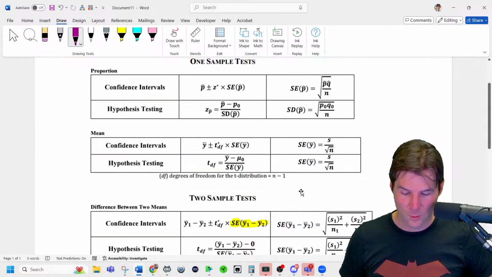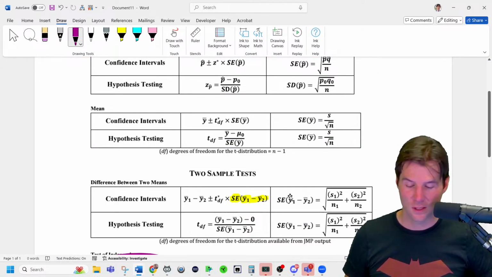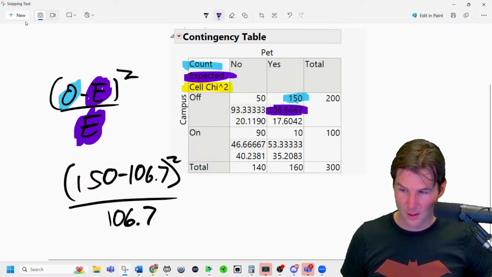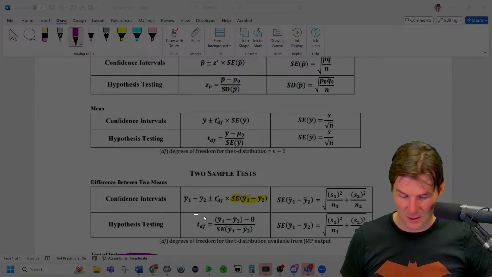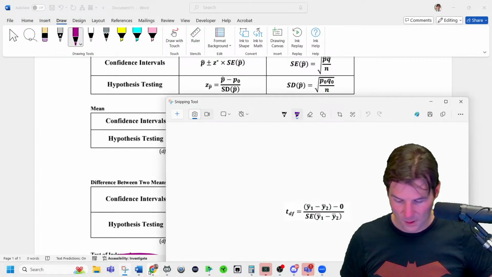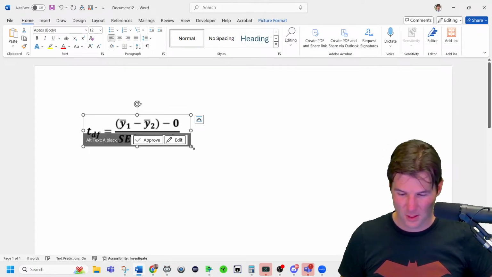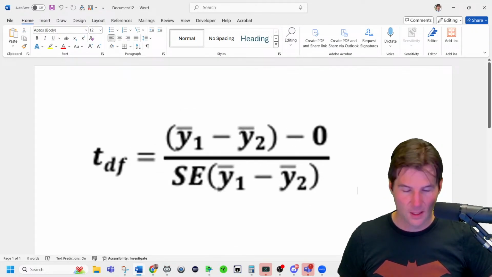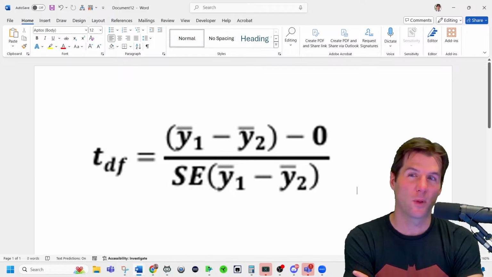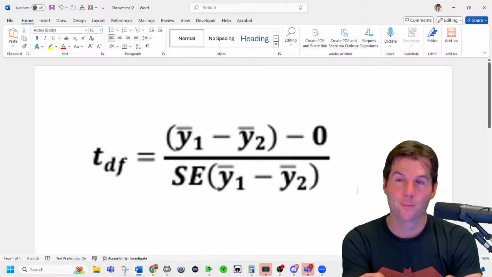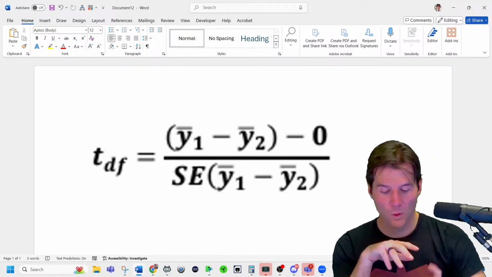So what do we need to do to get the test statistic? It's this down here we're looking at. This seems like a really tough question. There's the answer. To get the test statistic missing in the output, we need to do what? What do we need to find?